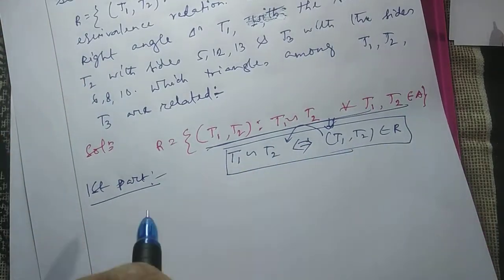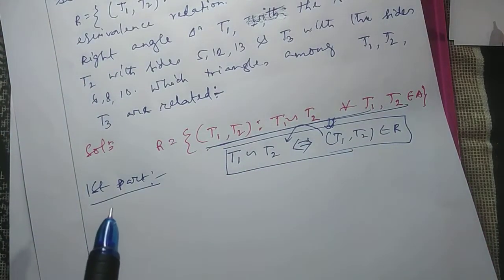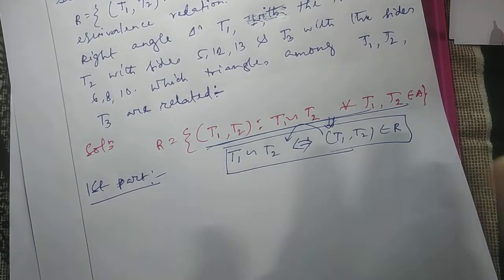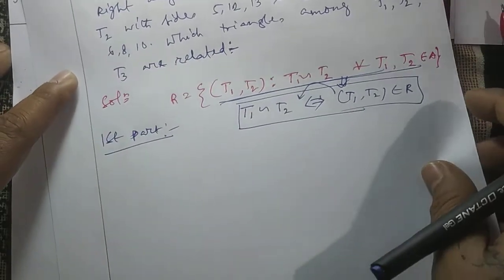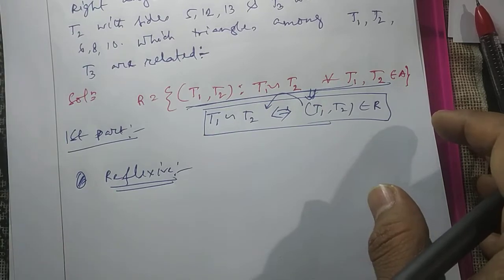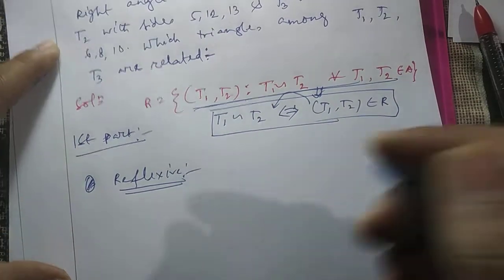Now we have to check whether it is equivalence or not. That means we have to verify whether it is symmetric or not, reflexive or not, and transitive or not. Now let us verify all the points one by one. Correct? Now to be reflexive, we need to pick up one single element.